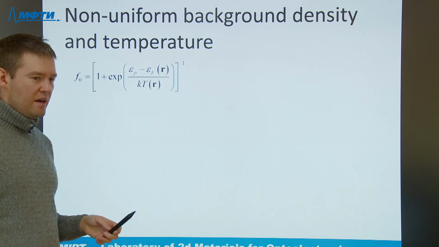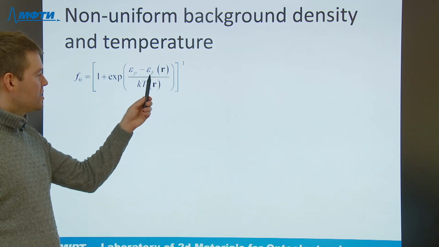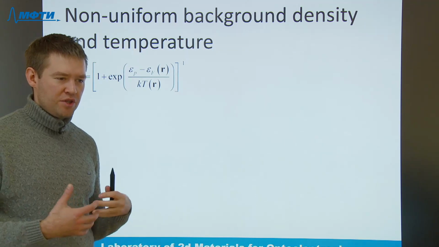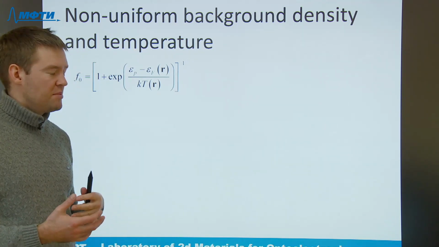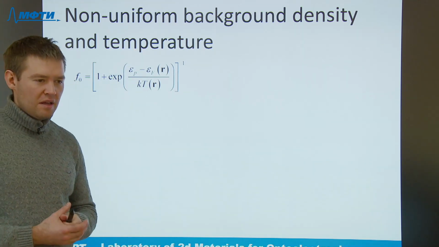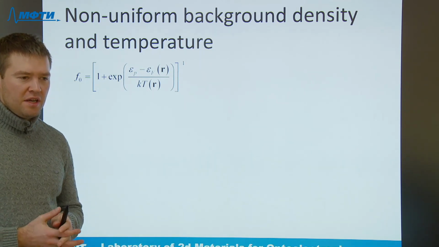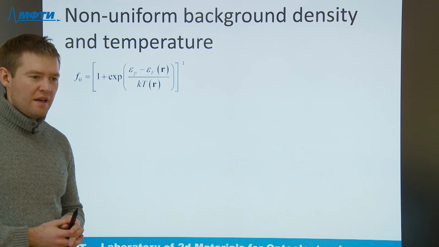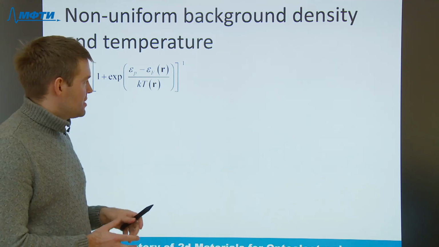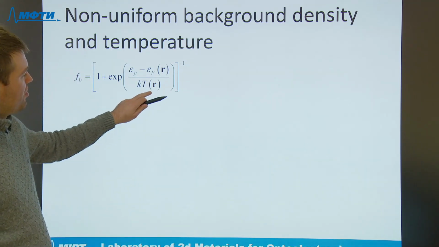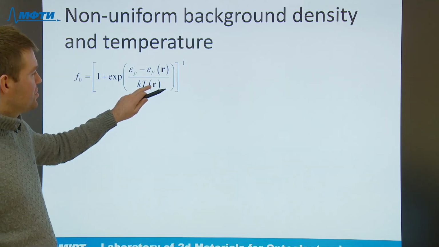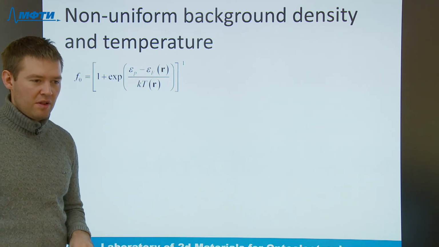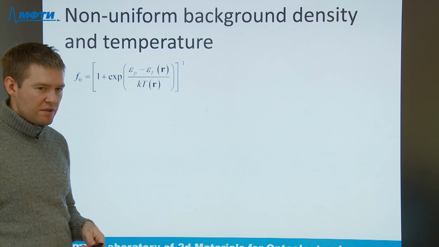So the temperature can acquire coordinate dependence, and Fermi energy can acquire coordinate dependence. Roughly, temperature governs the average internal energy in the semiconductor, and the Fermi level, the Fermi energy, encodes the number of particles. So this is responsible for thermal diffusion, and this is responsible for the normal diffusion.